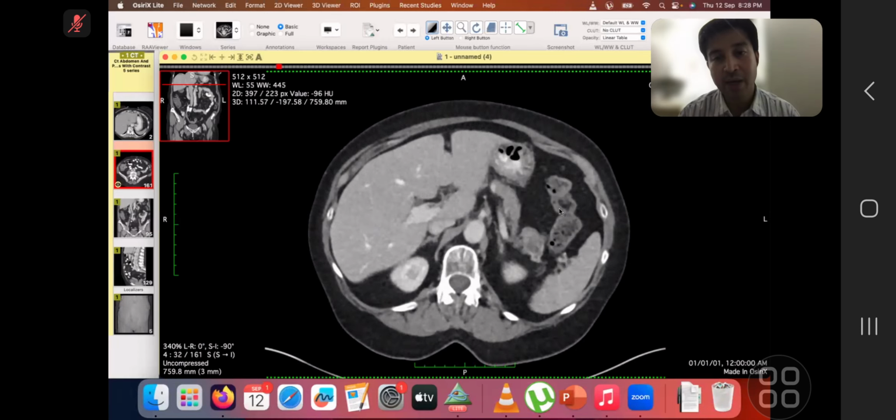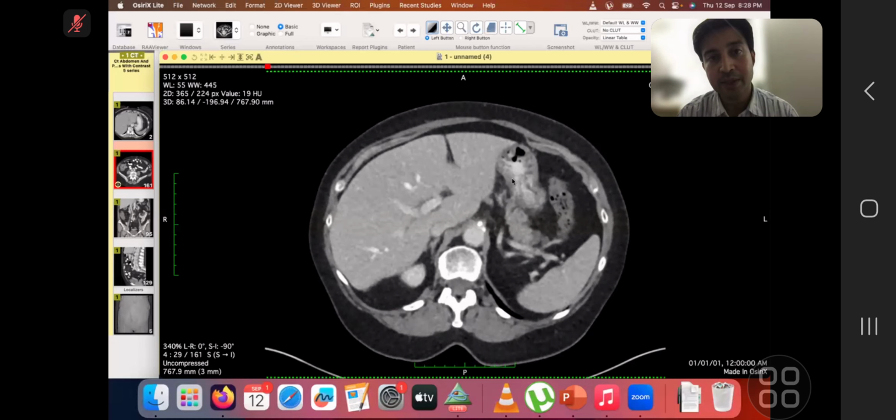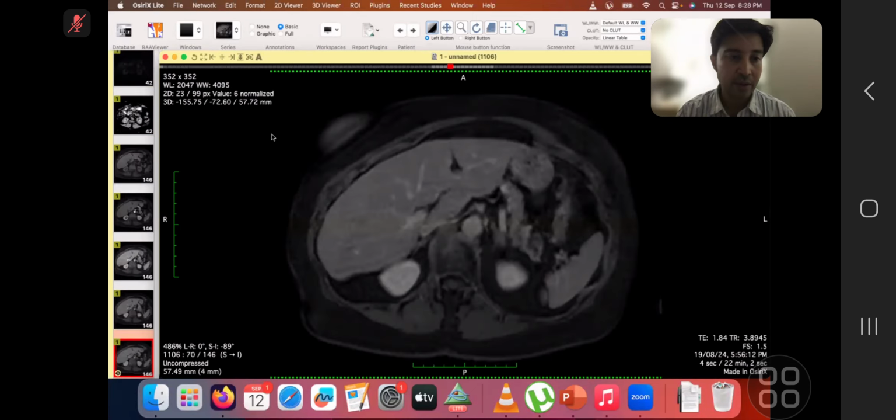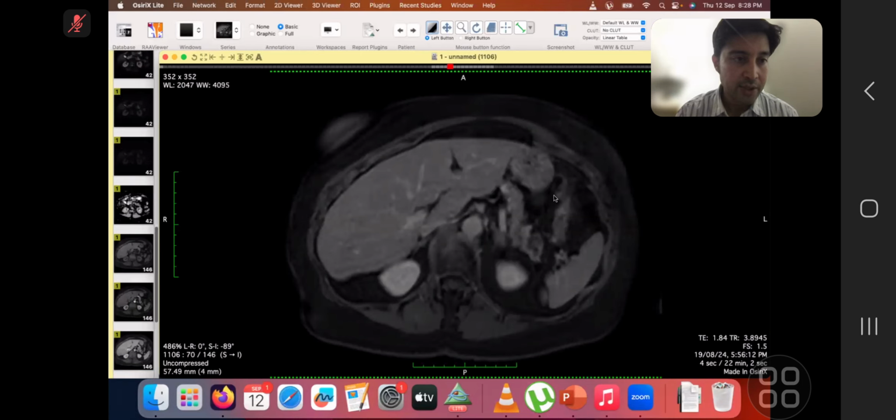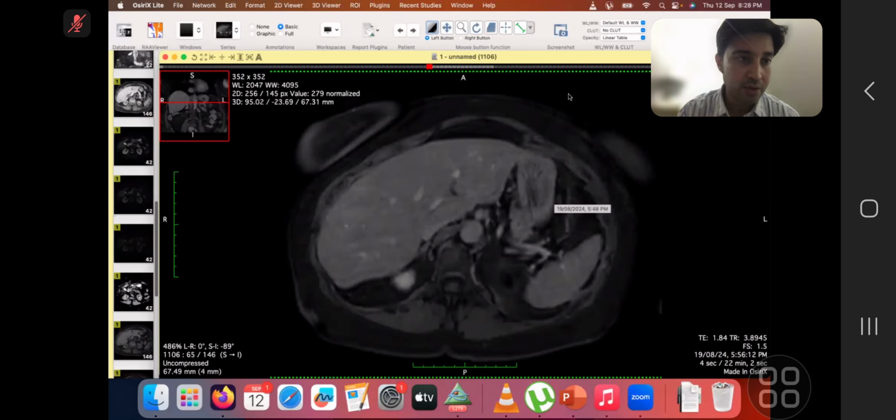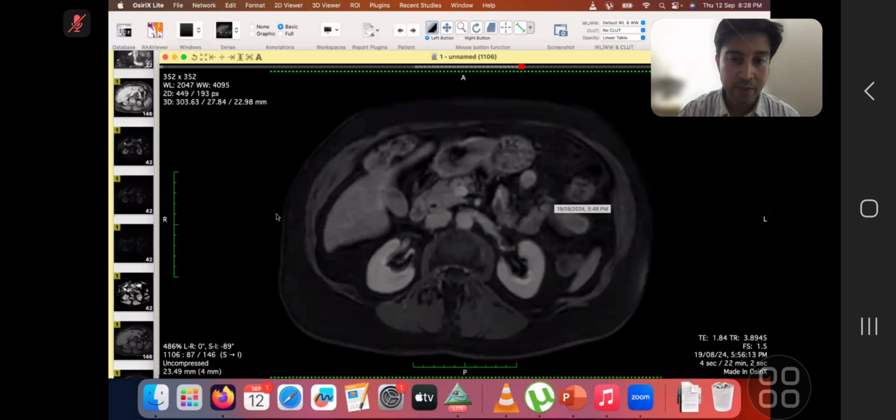We went ahead and did an MRI for this patient. Let me just show you the images. Could you leave control, please? You can see this image. I'll show you the relevant images.